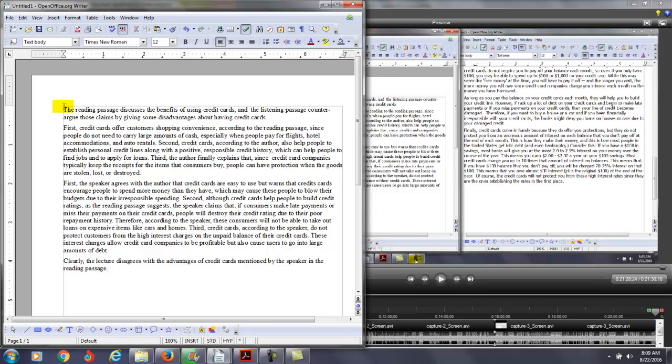Then we go to the lecture. First, the speaker agrees with the author that credit cards are easy to use, but warns that credit cards encourage people to spend more money than they have, which may cause these people to blow their budgets due to their irresponsible spending.